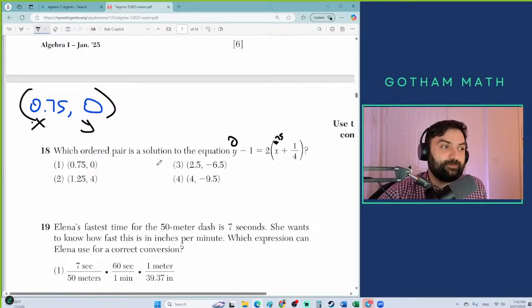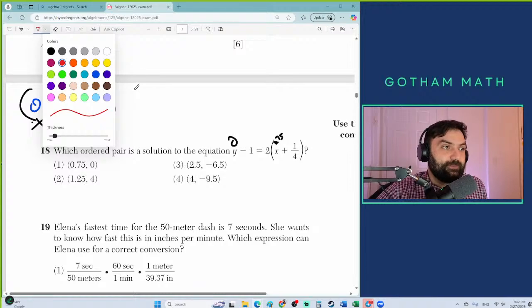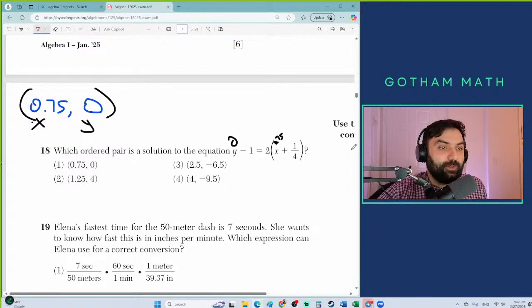Yes, you're going to have to draw a lot, solve a lot, and do a lot of calculations. Okay, so 0 minus 1, I already plugged in 0 instead of y, equals 2 times 0.75, which is 3/4. Actually, I don't want to convert into fractions.